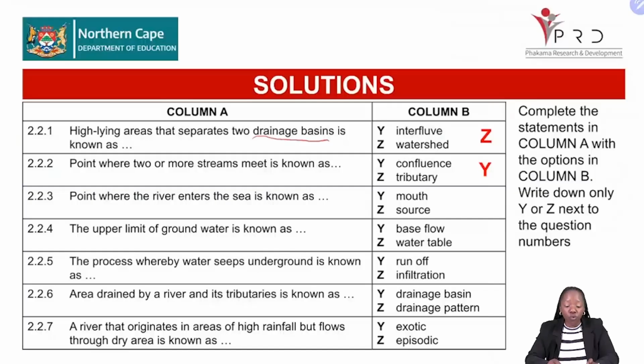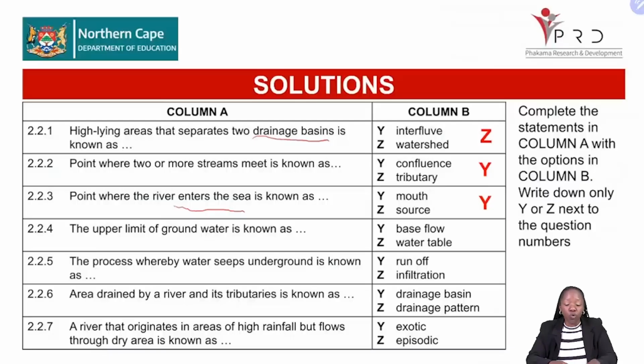Then 2.2.3, the point where the river enters the sea is known as. Remember, we are saying all the rivers end in the sea. So at that point of the end of the river, we call it a river mouth. You remember that the river begins at the source and ends at the mouth.